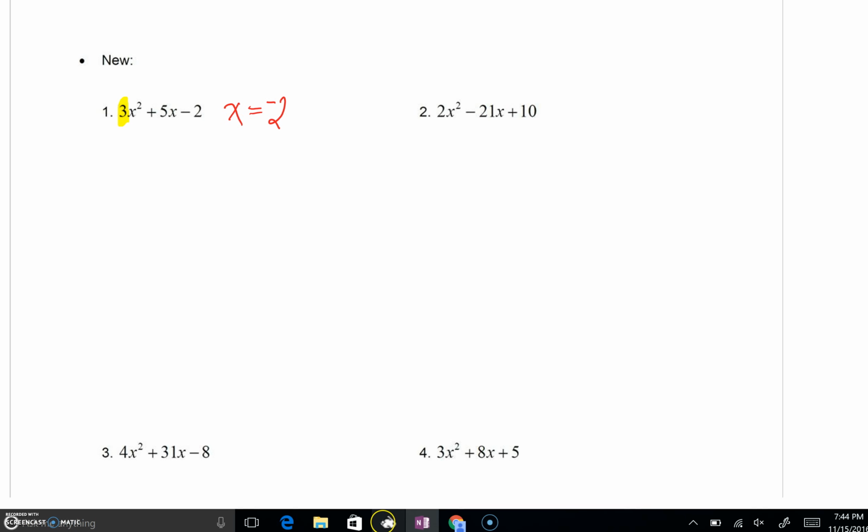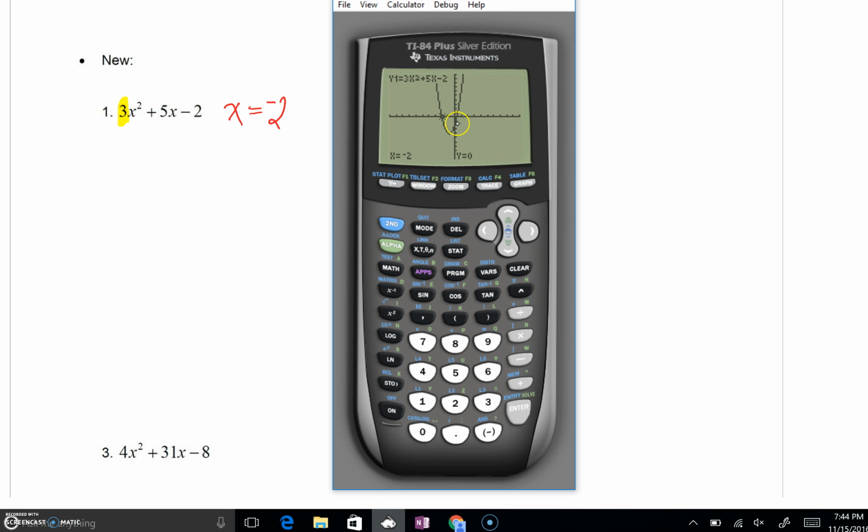Now, there's another intercept, and of course, it's over here. And it might look like it's going through x equals 0. Now again, you can very quickly just press trace and then hit 0. And you're going to be disappointed this time. You're going to see that you're not on the x-axis.